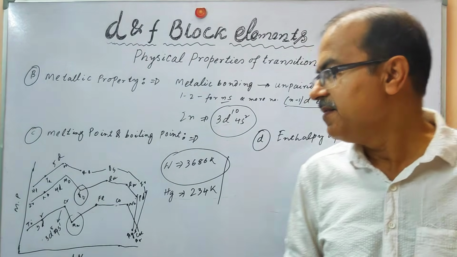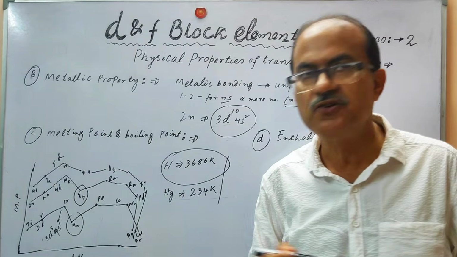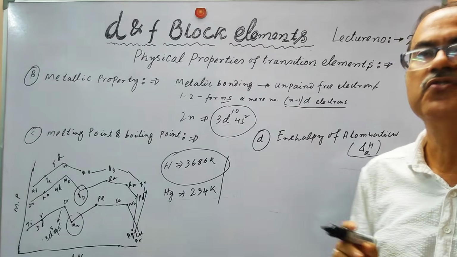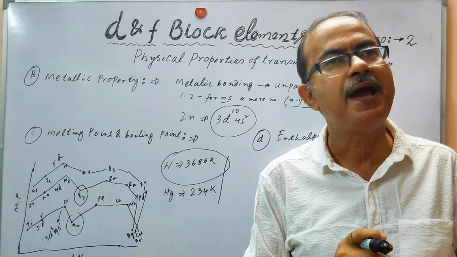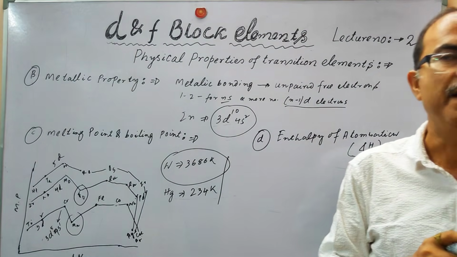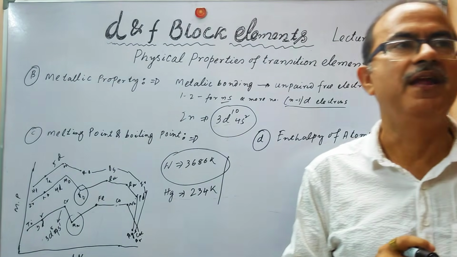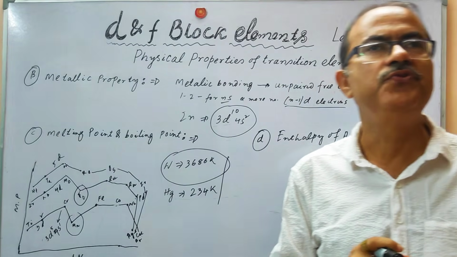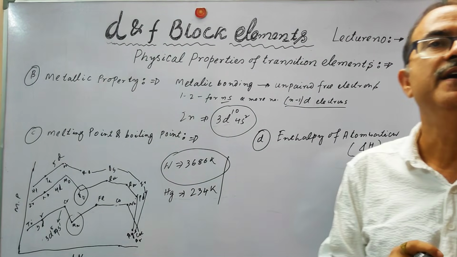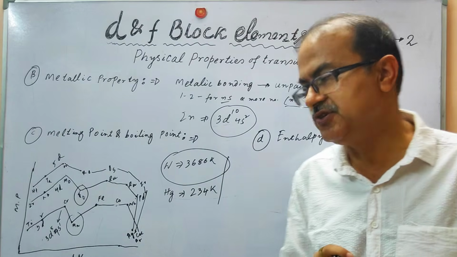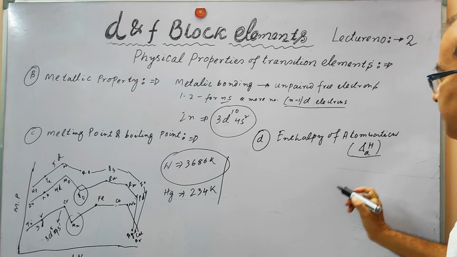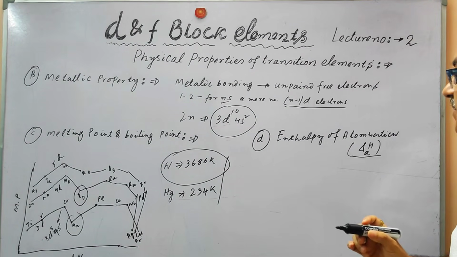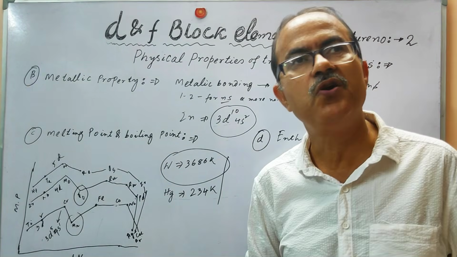We will find the same trend as we observed in the case of melting point: as we go across the series it is increasing and has a maximum in the middle of the series, and after that a decreasing trend. Again, metallic bonding influences this observation. So enthalpy of atomization follows the same trend as the melting point.